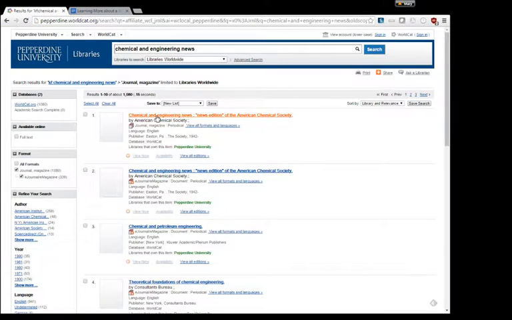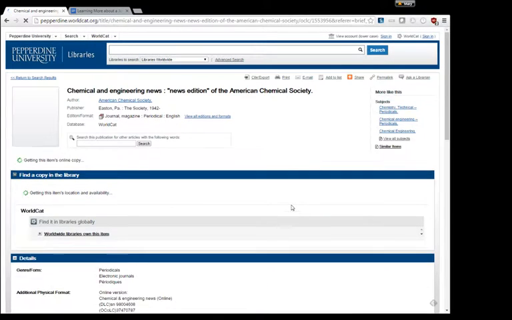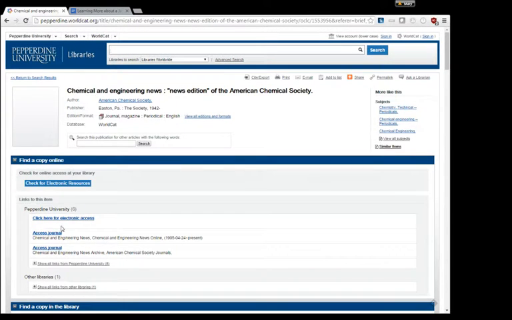And I'm going to use this one even though it's in your assignment, because what I want to do is be able to show you where to locate some of the About feature. So I'm going to click on Access Full Text.